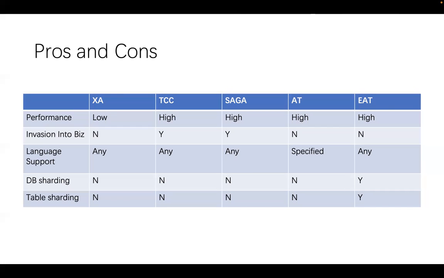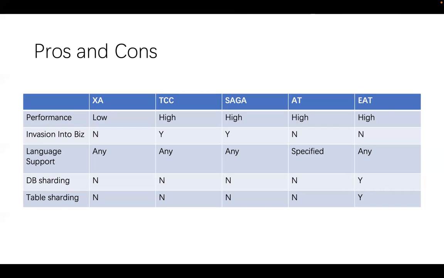For the Saga, it is similar to TCC. And for the AT transaction, the performance is also high, and it has no invasion into the business, but the language support is specified. So for Java version AT transaction middleware, it only supports the microservice language to be Java.